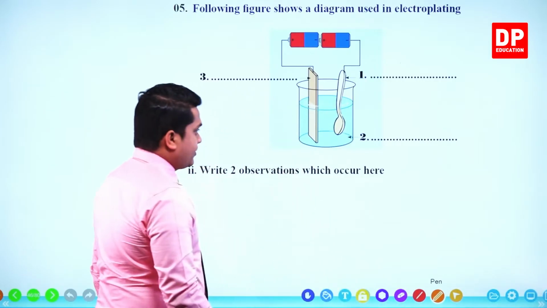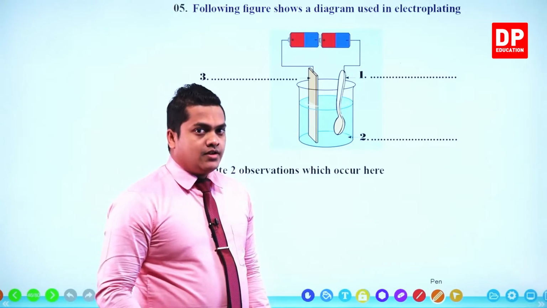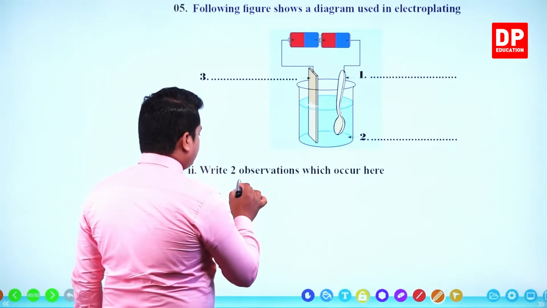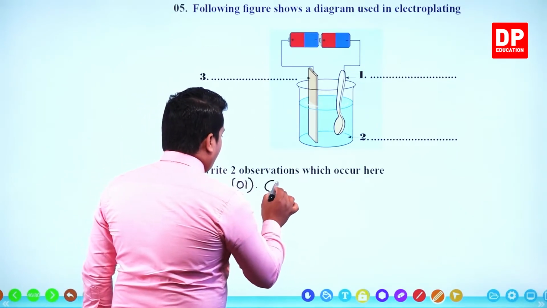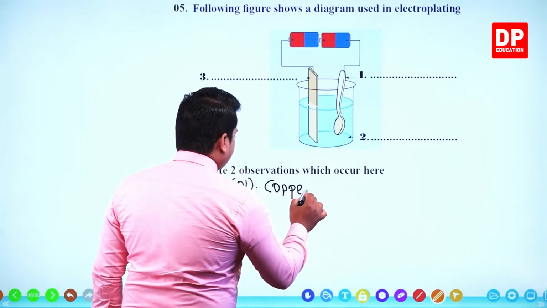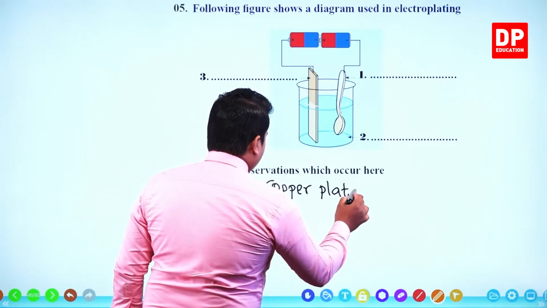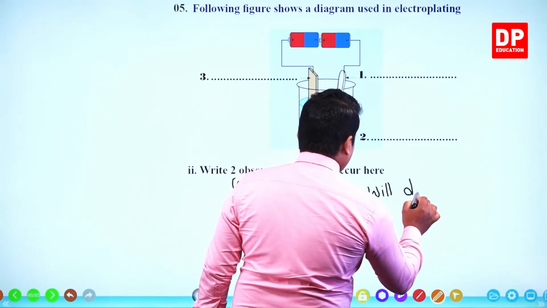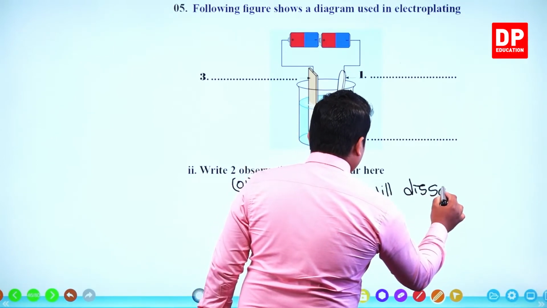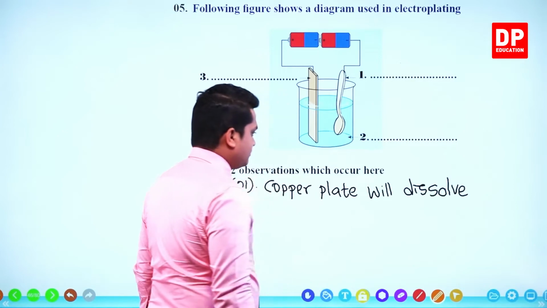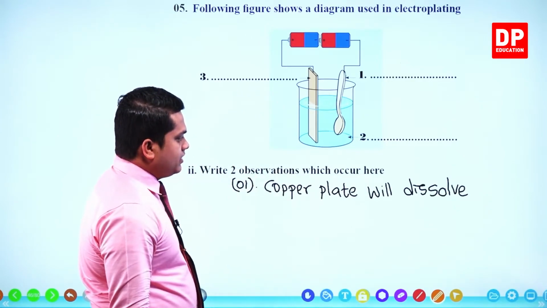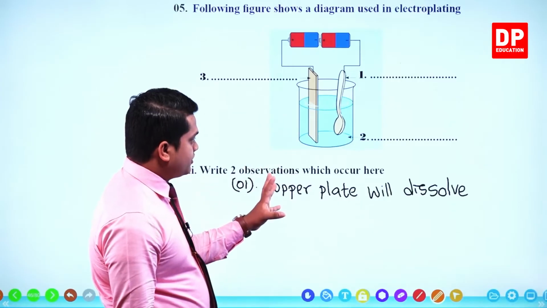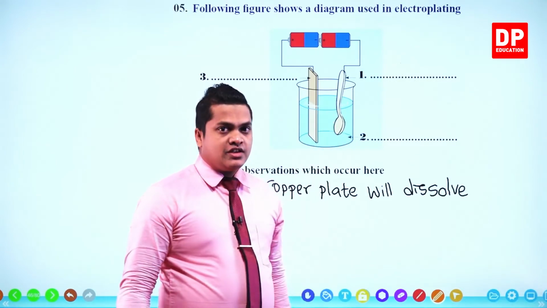If the plating process occurs in the proper manner, these observations could be seen. Number 1, the copper plate will dissolve. The copper plate is going to dissolve within the solution and it's getting plated on the spoon.